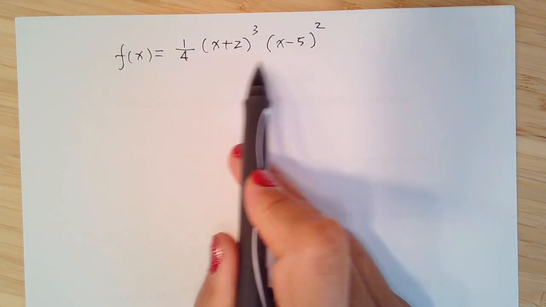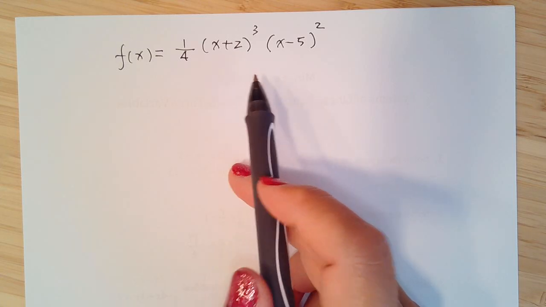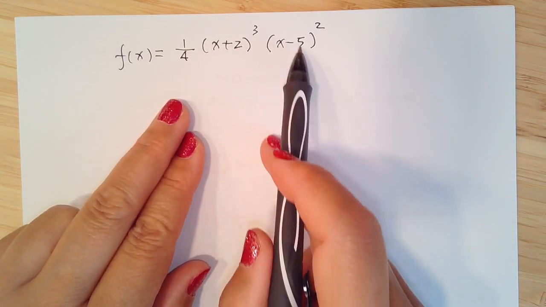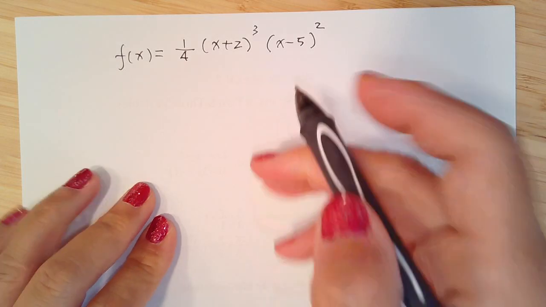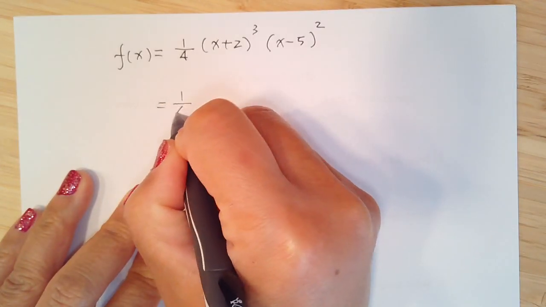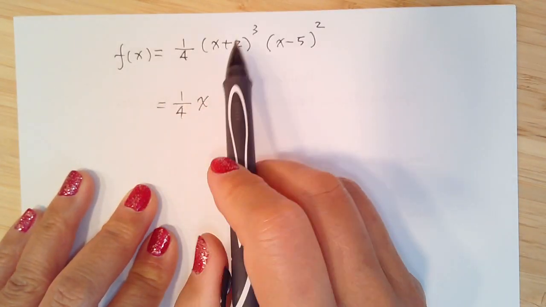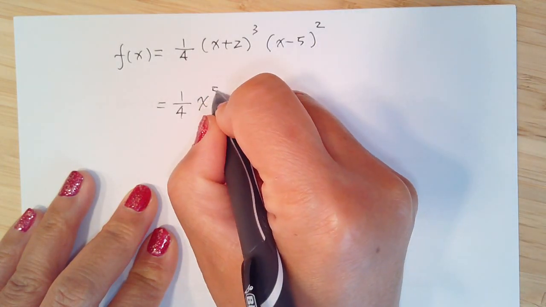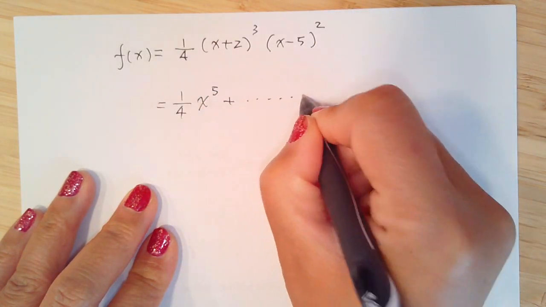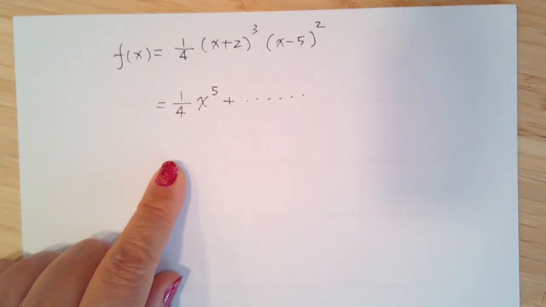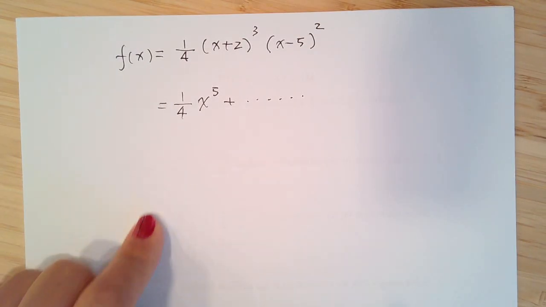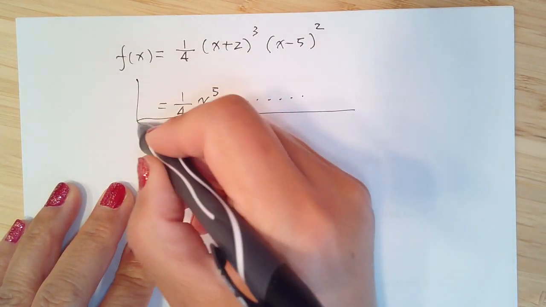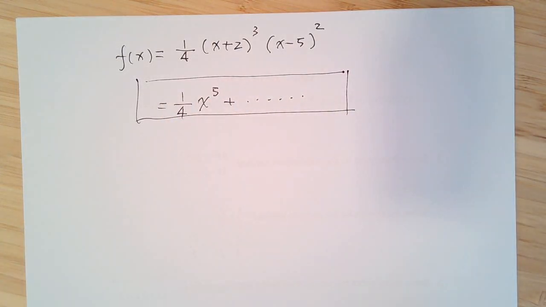I already put it in factored format, but if you want to use the distributive property to multiply this out, the highest degree term will be x to the fifth, and so on. But of course, I don't really need to do that. If you like, you can do it.